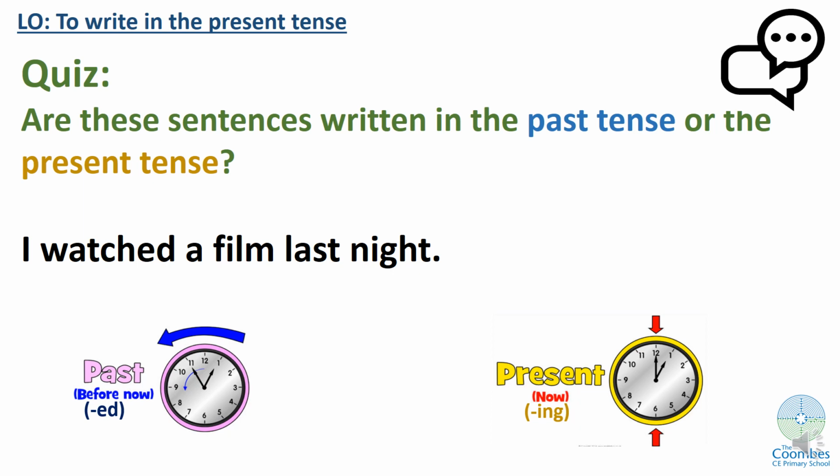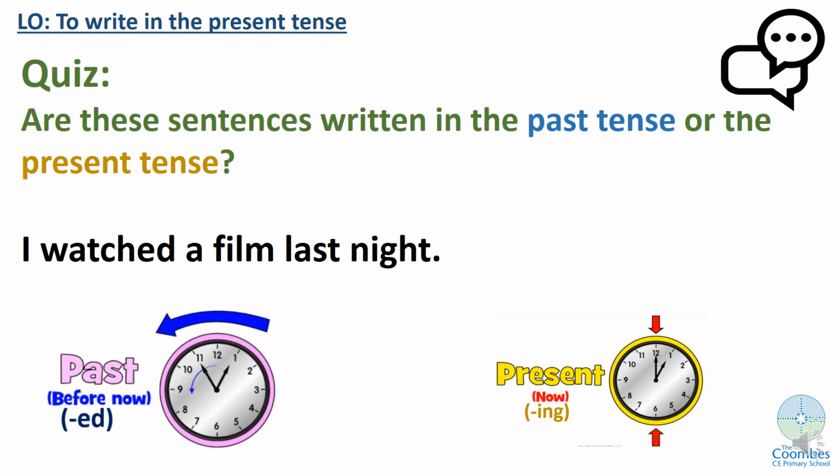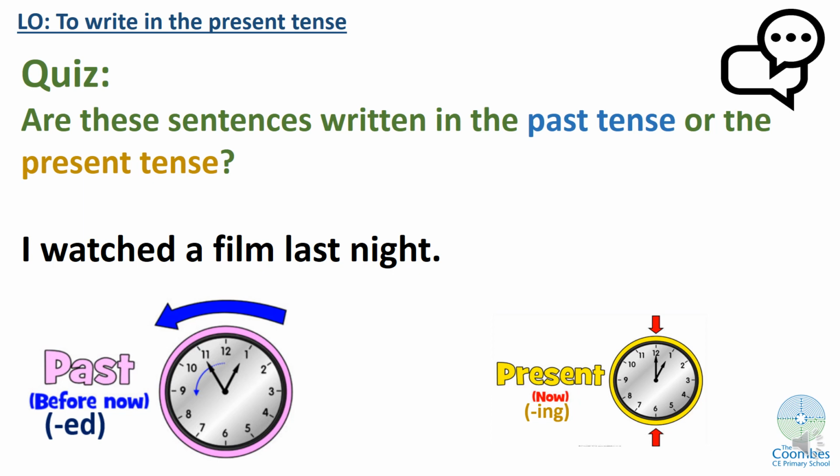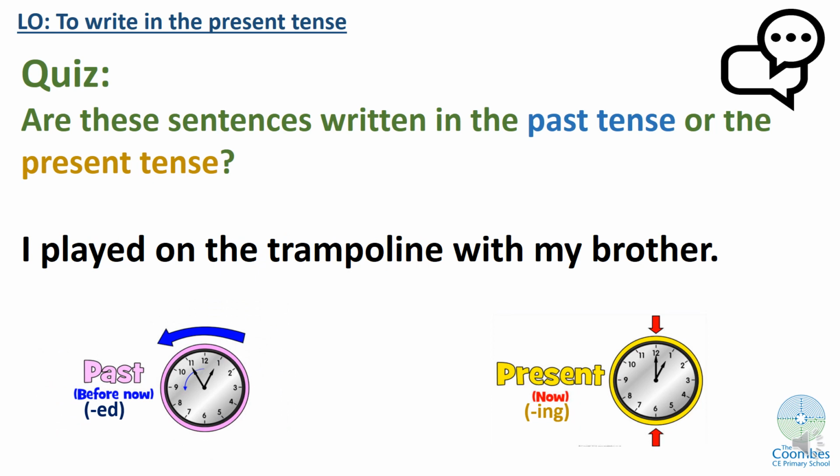Next sentence. I watched a film last night. Is it past tense or is it present tense? It is past tense. Well done. And it's got the ed suffix on watched to help us remember. Next sentence. I played on the trampoline with my brother.